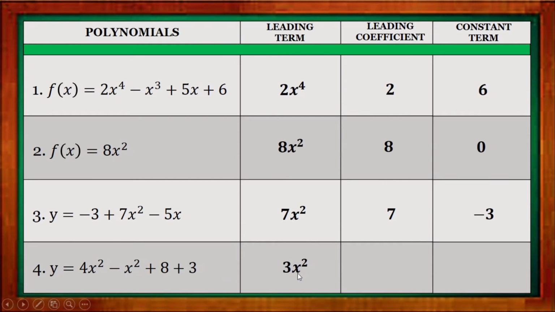Kaya nagkaroon tayo ng leading term na 3x squared. So, ang leading coefficient natin dito, based again sa leading term natin, is positive 3. And the constant term natin, since sila ay similar term, we have two constant terms, i-simplify din muna natin. And 8 plus 3 is just 11.